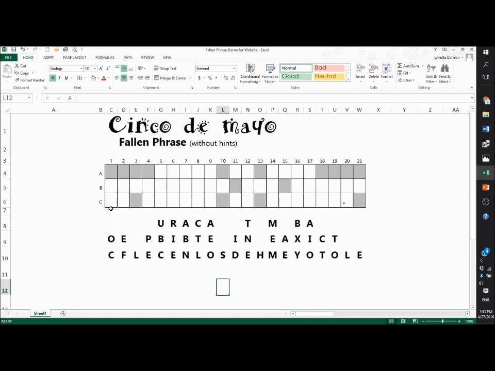So if we look at column 1, we know that the O and the C came from column 1, but the order is mixed up, so we don't know if the O goes here and the C goes here or vice versa. And we want to fill in all the letters, and we're going to use logic plus our knowledge of the English language and then our knowledge of the subject to give us clues to help us finish the puzzle.